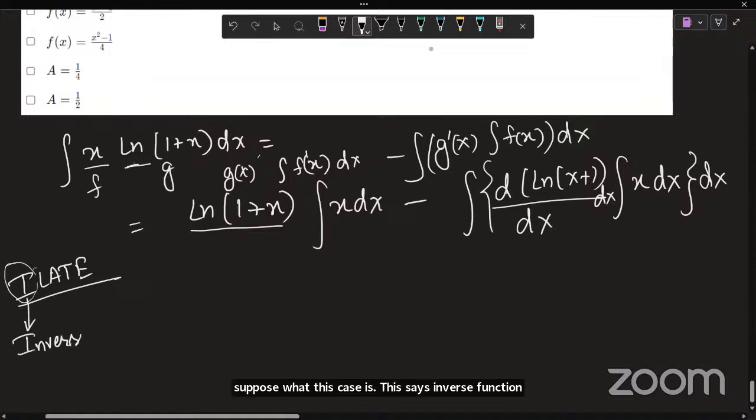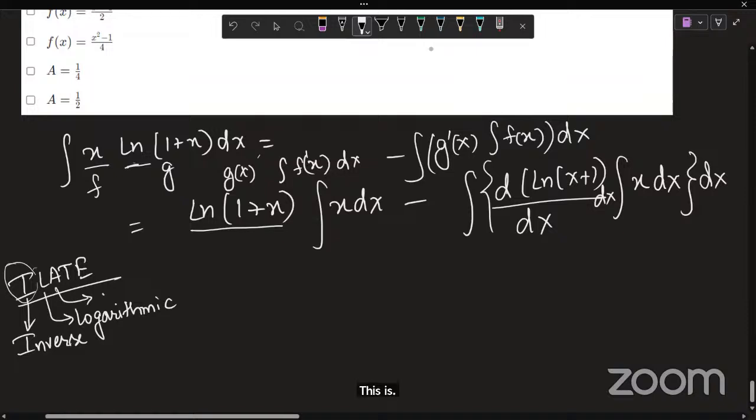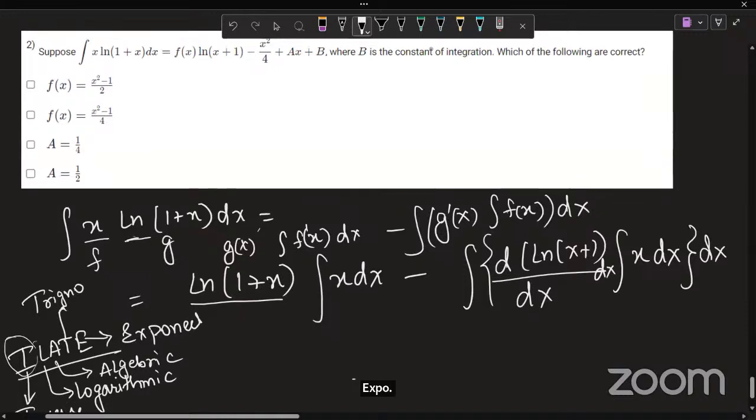Let me write it. This is logarithmic, this is algebraic, this is trigonometry, and this is exponential.